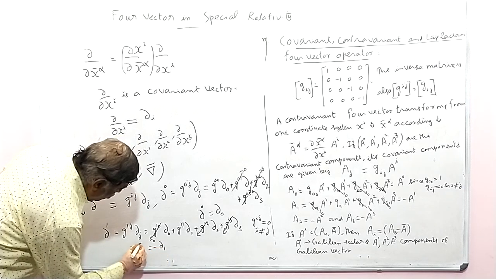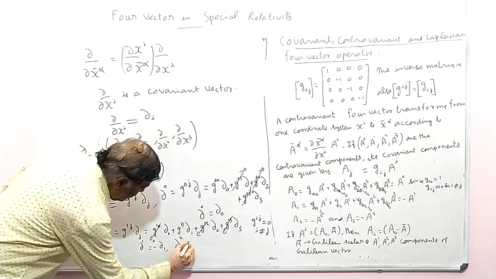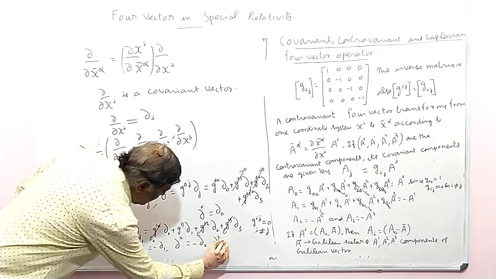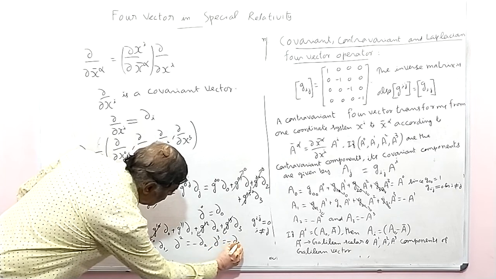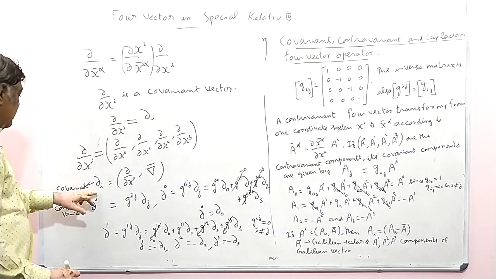Similarly, you can calculate d2 equal to minus d2 and d3 equal to minus d3.